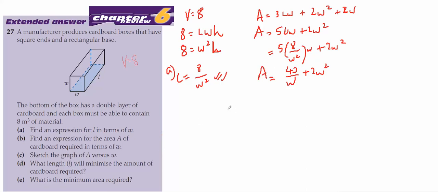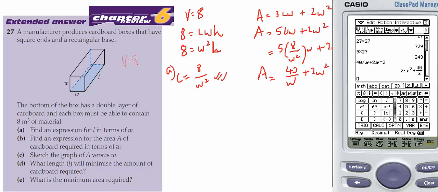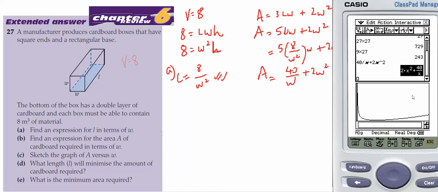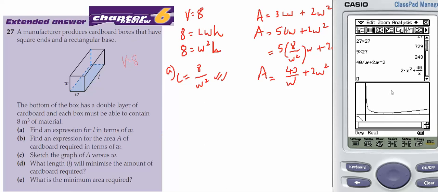Sketch A against W. Okay, so I've opened up the ClassPad. I've got 40 on W plus 2W squared. I'll open up a window, drag and drop. There is what it looks like. So I have an asymptote happening. I'll ignore over here. So if I go Analysis, G-Solve, Minimum, I get that there.